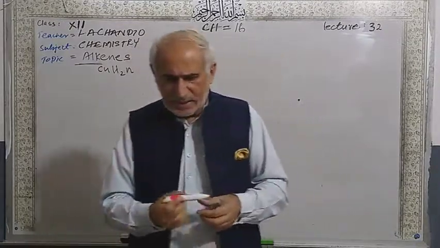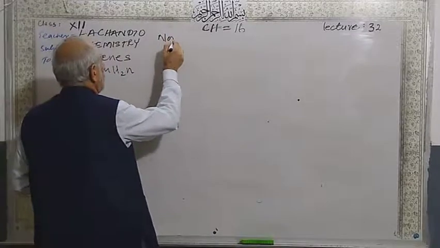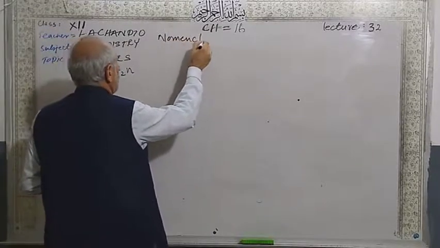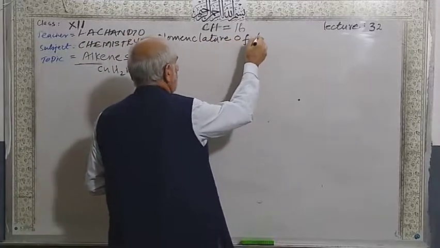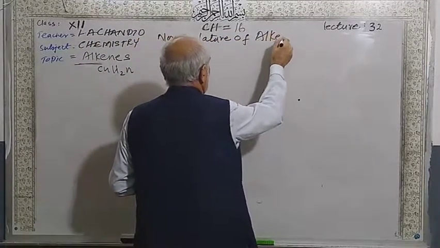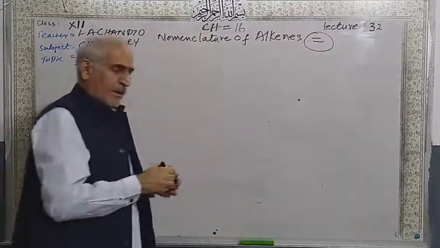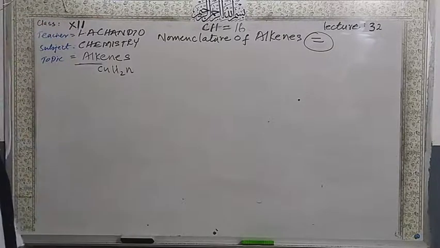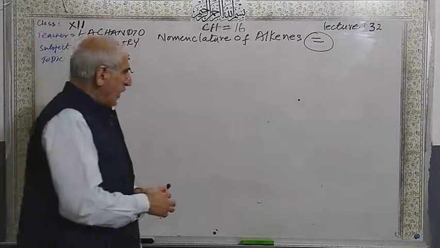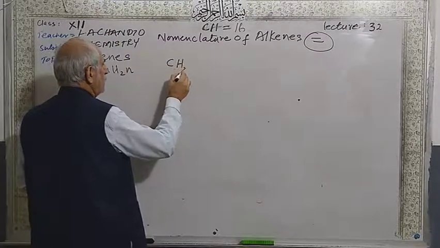There is a nomenclature for them. Alkenes contain a double bond. Suppose I write a simple one first.